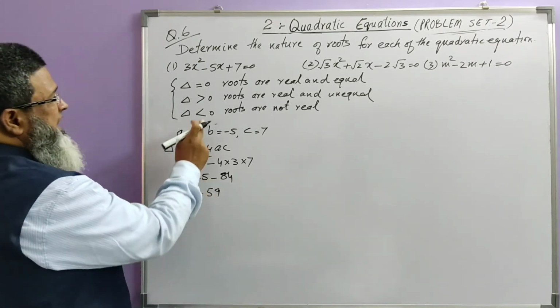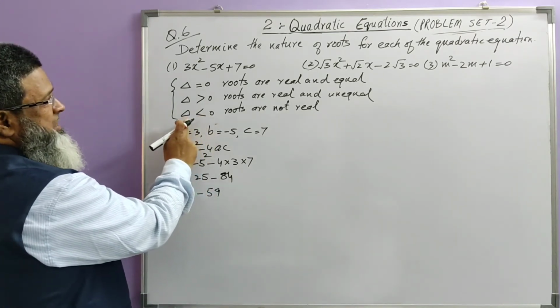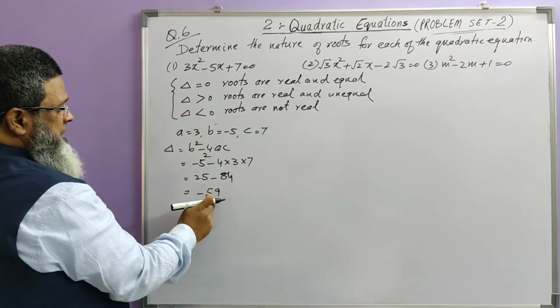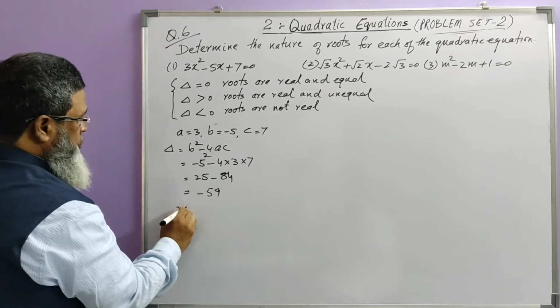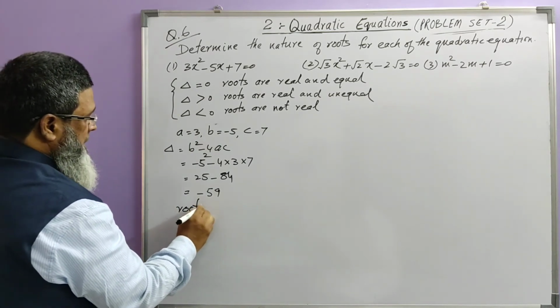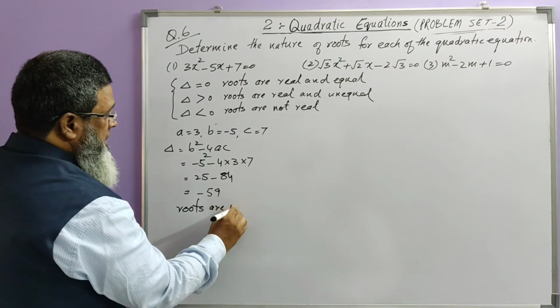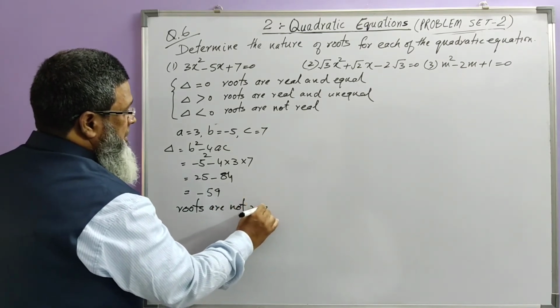Minus 59 is less than 0. So delta is minus 59, so delta is less than 0, so the roots are not real.